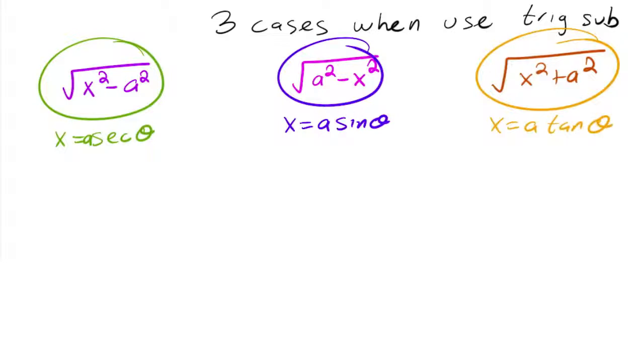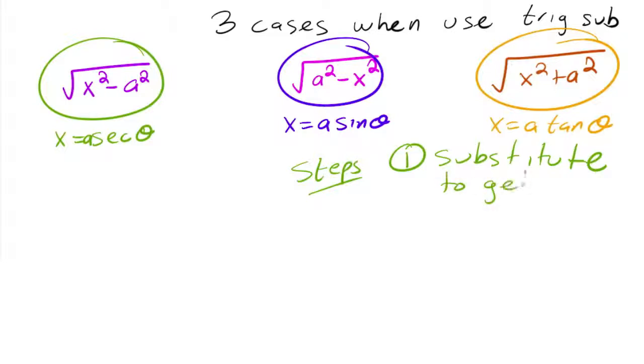And the steps are basically this: you're going to substitute based on which one of these three cases you have, to get rid of the root.